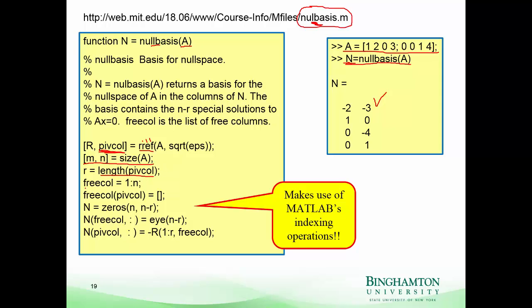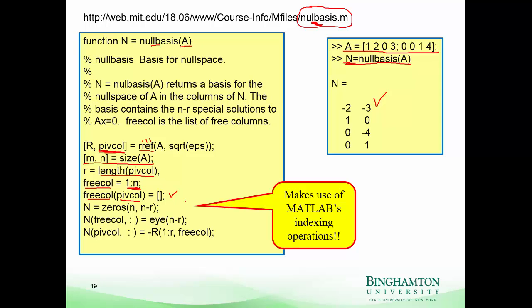Now we initially create freecol equal to 1 to n, and then we just talked about this in a MATLAB lecture, assigning empty vectors. So here we are assigning an empty vector to freecol, which is now just a row vector, at every place where there was a pivot column.